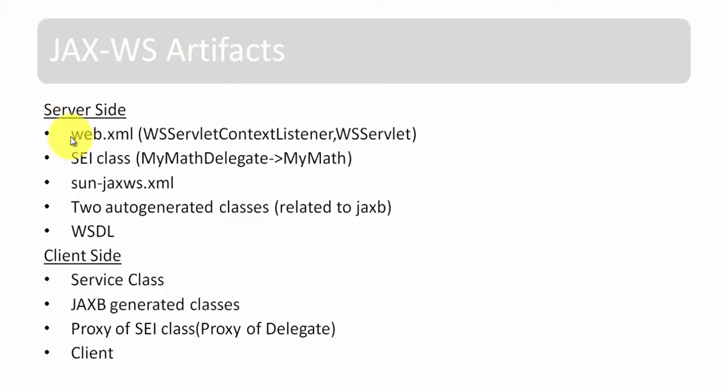As I explained, these will be the server-side artifacts: the web.xml changes, the service endpoint interface, sun-jaxws XML, auto-generated classes and WSDL.